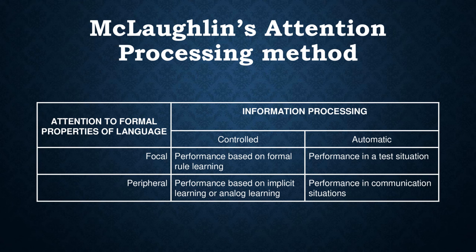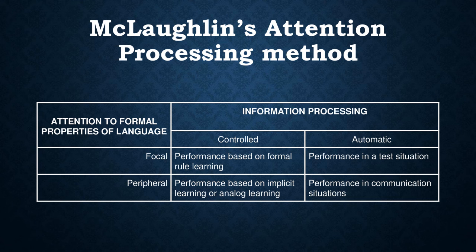In the first cell, which combines focal attention with controlled information processing, we have a performance based on formal rule learning. As examples, we have the grammatical explanation of a specific point, word definition, copying a written model, the first stages of memorizing a dialogue, prefabricated patterns, and various discrete point exercises.